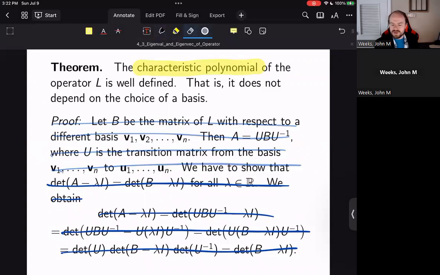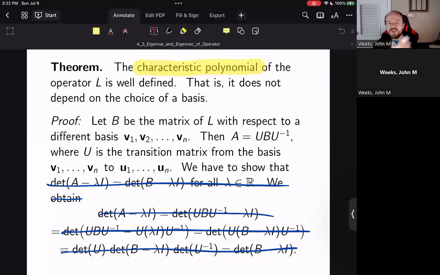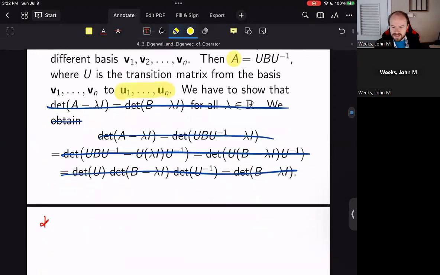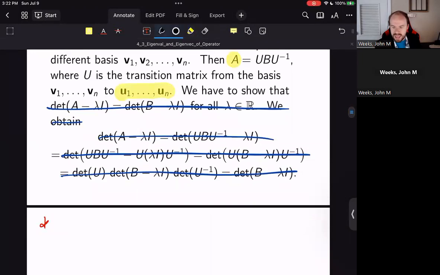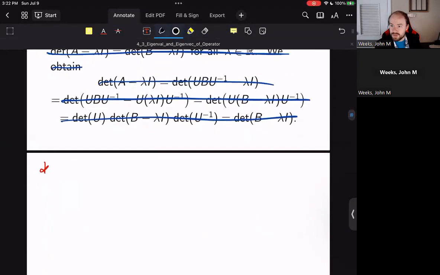Let B be the matrix of L with respect to a different basis, V1, V2 to Vn, comparing this to the normal way of writing it. Let's say, for example, A is the matrix that we've been writing in terms of the other basis, U1 through Un. Then we can go through and make our picture again, this time looking at how we would write this in terms of two different bases.